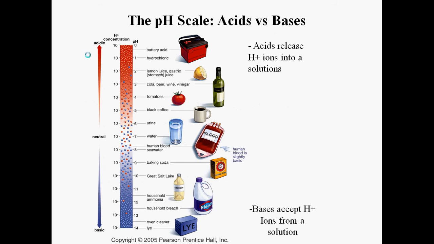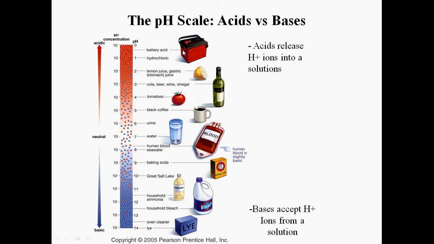You guys remember that the pH scale ranges from 0 to 14, with 0 being towards the most acidic and 14 being towards the most basic. Now remember, acids release hydrogen ions into solutions, while bases accept hydrogen ions from solutions. Take a minute to just look at these examples.